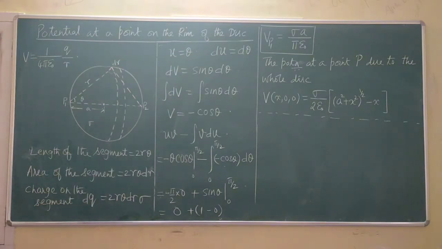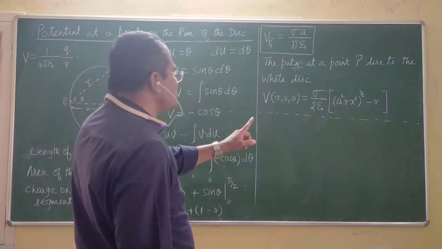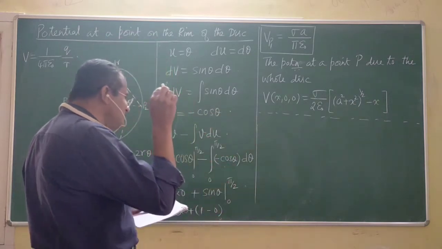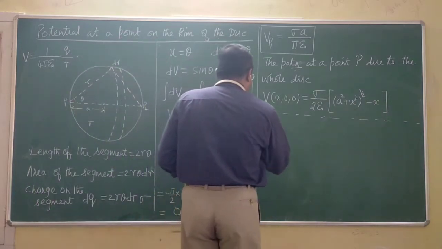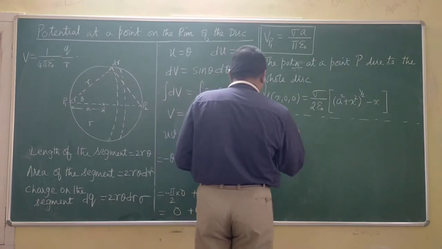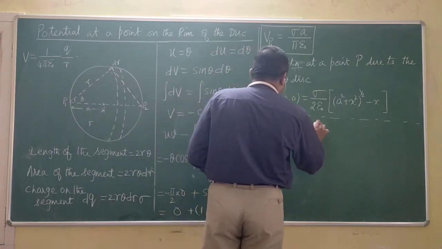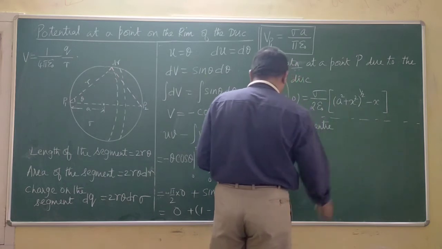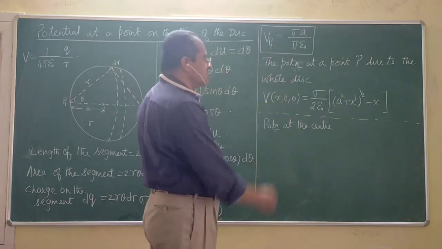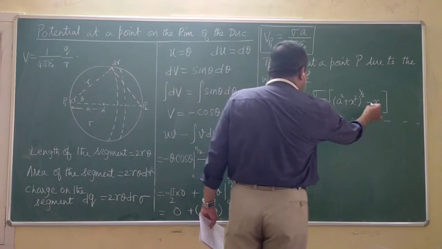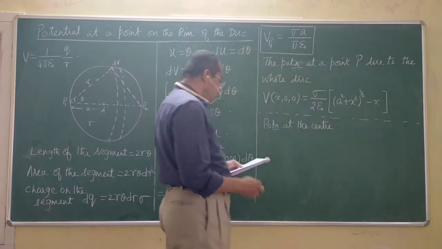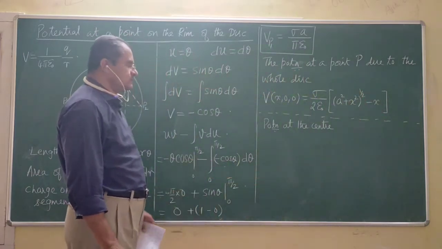If you want to find out the potential exactly at the center, in this expression, in the place of x, you have to substitute 0.